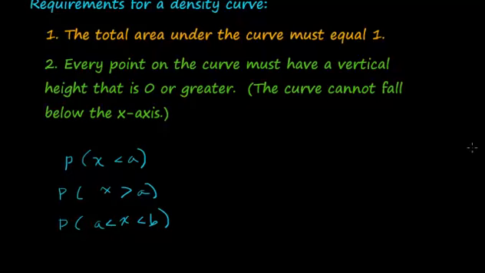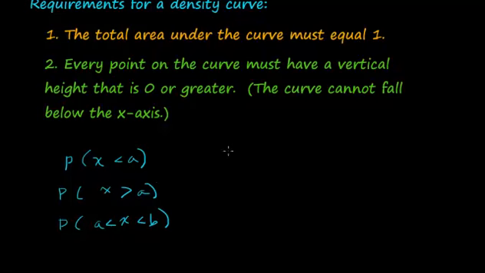So we could say the probability a randomly selected customer has a salad weight between 6 and 8 ounces, or greater than 11, or we could have said less than 9. It depends on what we're interested in.